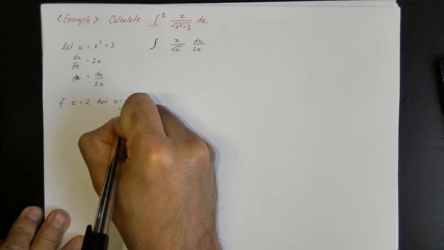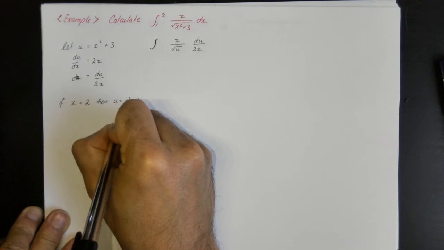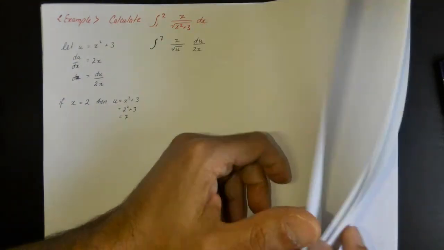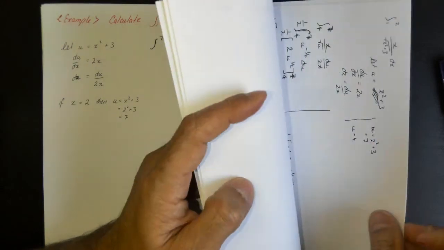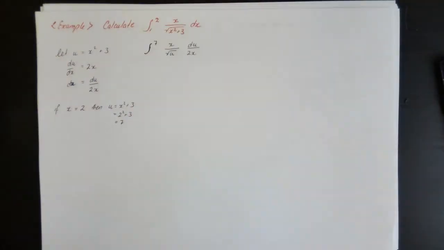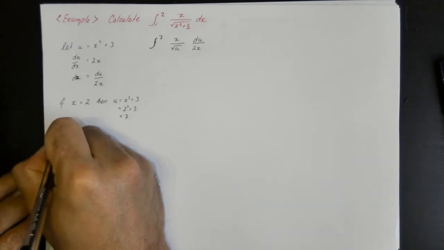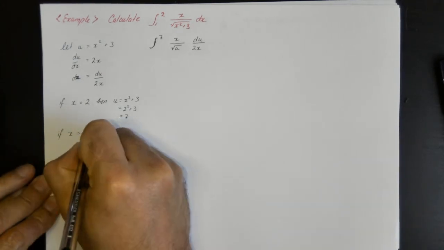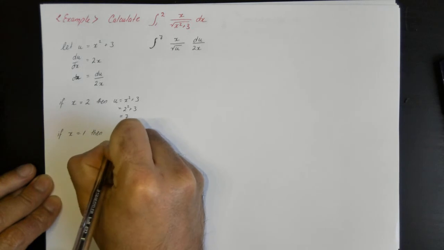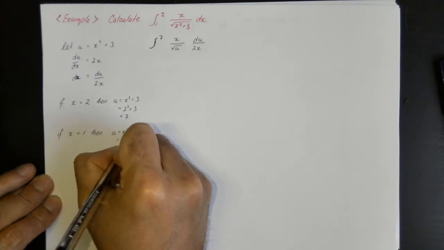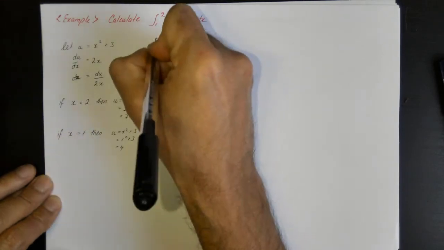So that's going to be 2 squared plus 3, which is 7. And if x equals 1, then u equals x squared plus 3. So we get 1 squared plus 3, which equals 4.